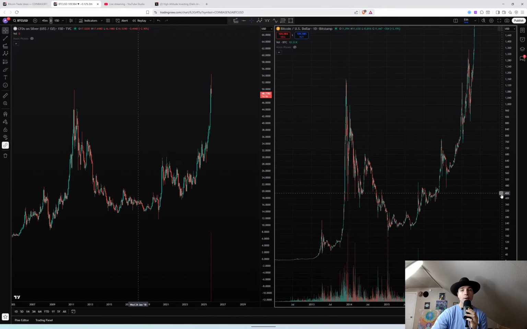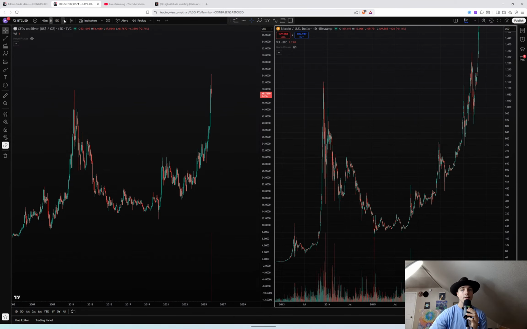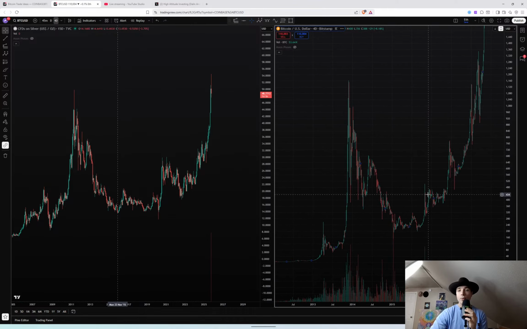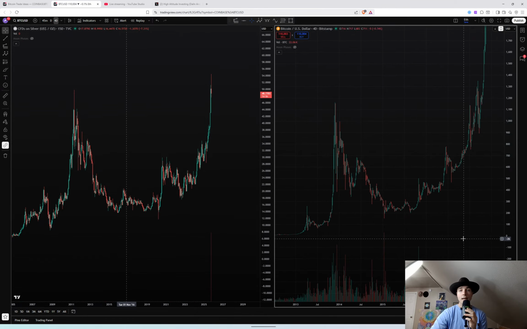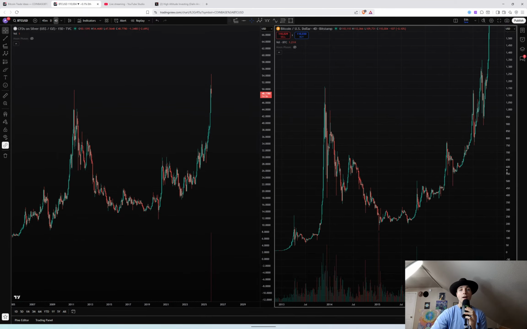Okay, here's Bitcoin on the right, and here is silver on the left. So when I saw silver in 2017, the first thing I thought of was, hey, that looks exactly like Bitcoin when I first got into Bitcoin. Silver looks like a bigger, longer chart in terms of time, with a bigger market cap.